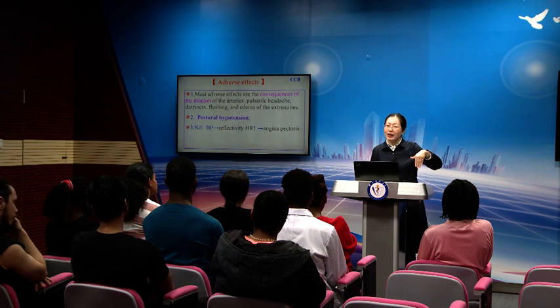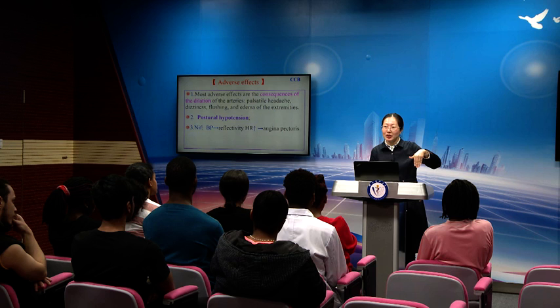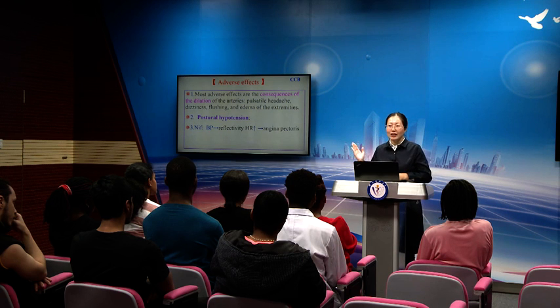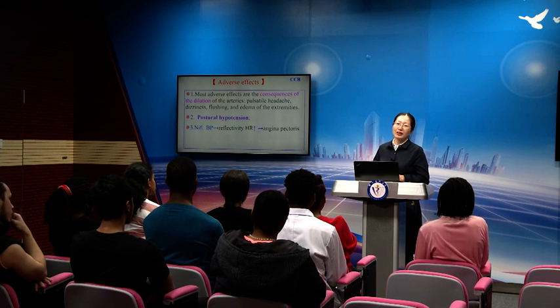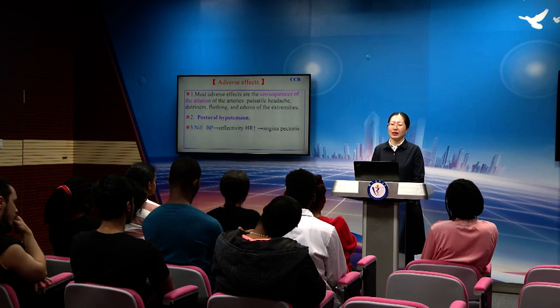And then blood pressure is reduced. We have studied this in your physiology class, do you remember? Blood pressure is reduced, and then sympathetic nervous activity increases, so reflexively heart rate increases.